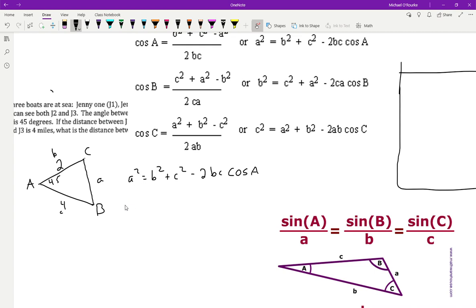So now I plug everything in. A squared equals 2 squared plus 4 squared minus 2 times 2 times 4 cos, and the angle A is 45.